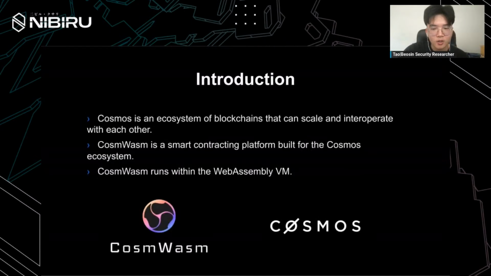Smart contracts built on CosmWasm are generally created using the Rust language. CosmWasm is a smart contract platform, and it's a module in the Cosmos SDK.